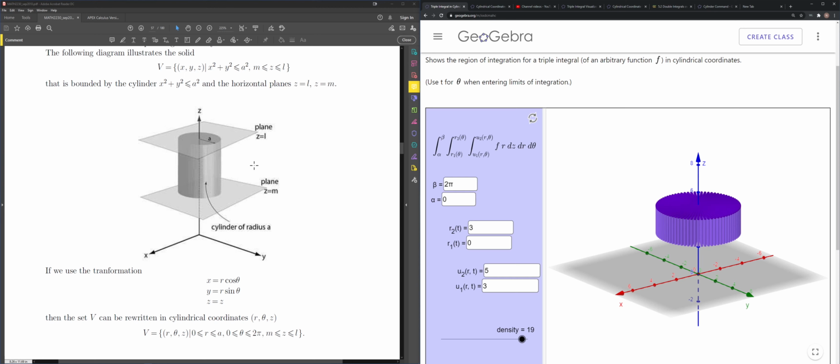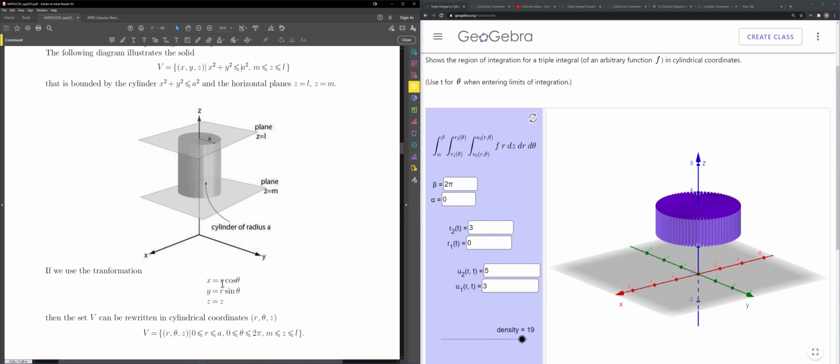Then I need to convert this piece, x squared plus y squared less than or equal to a squared, into r and theta. Remember, r and theta in cylindrical coordinates have the same meaning as in polar coordinates.